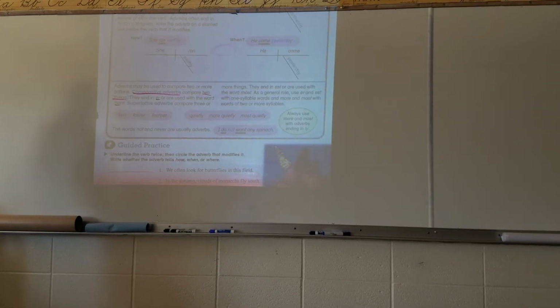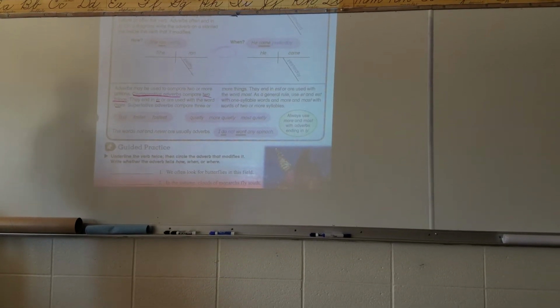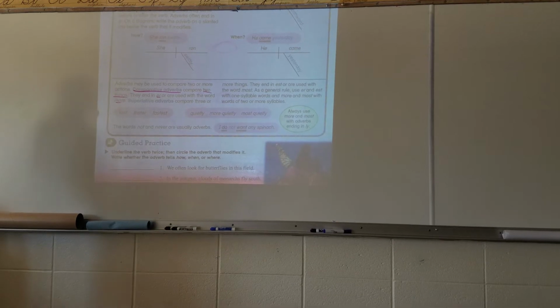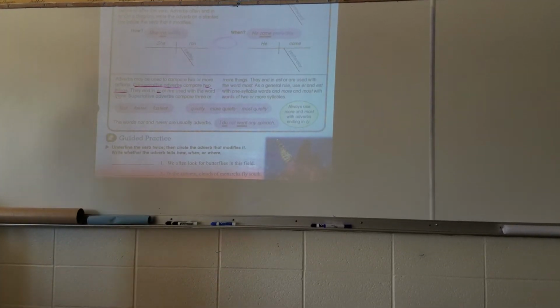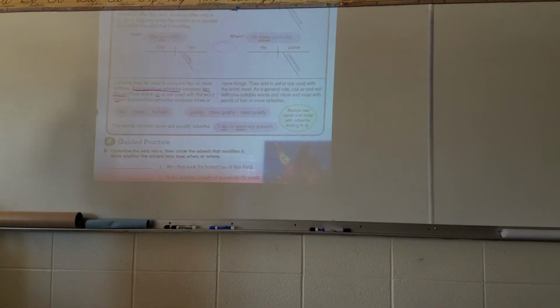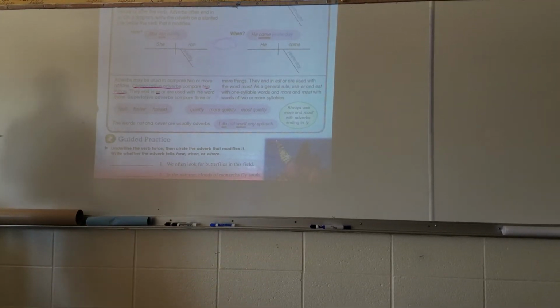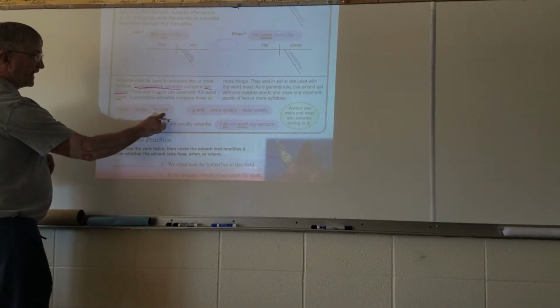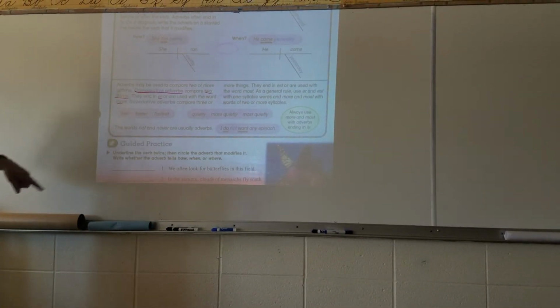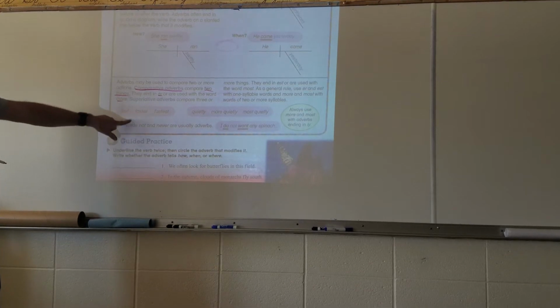Superlative adverbs compare 3 or more things. They end in est or are used with the word most. So in other words, if we go through this, we have fast, faster, and then we have fastest.